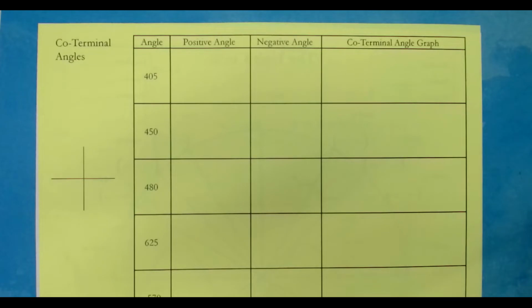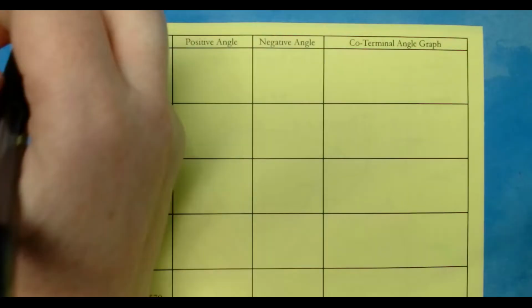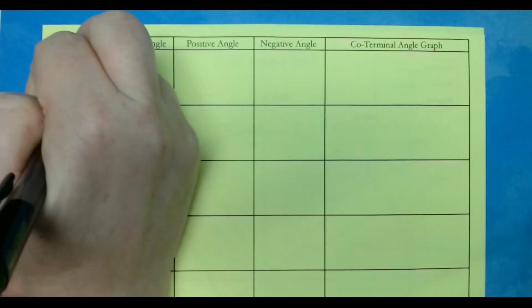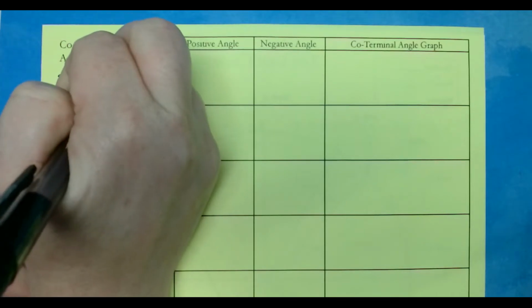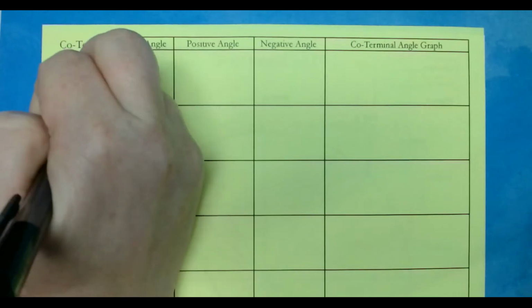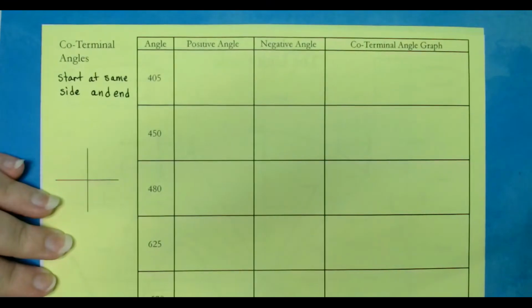Today we're going to talk about a new term, which is coterminal angles. Coterminal angles means that they start at the same side and end on the same side.